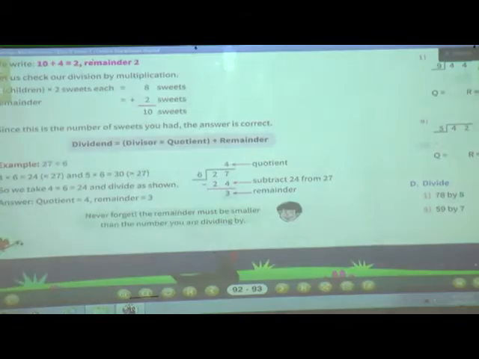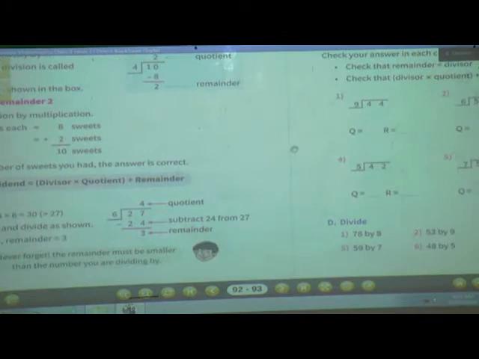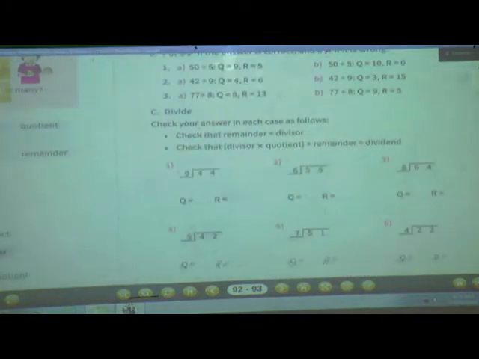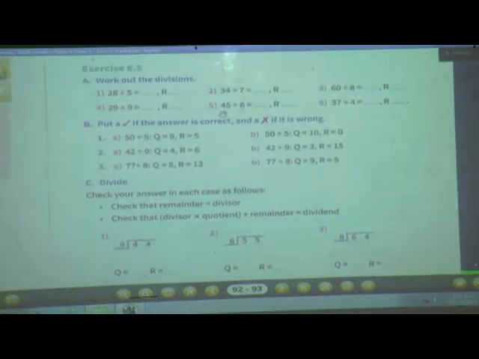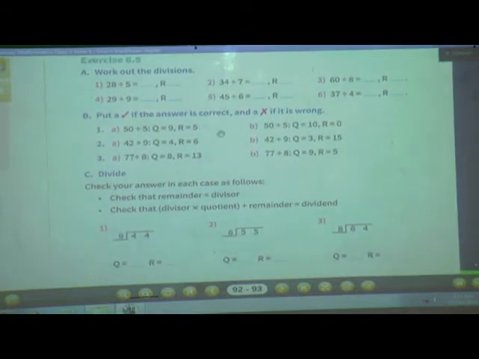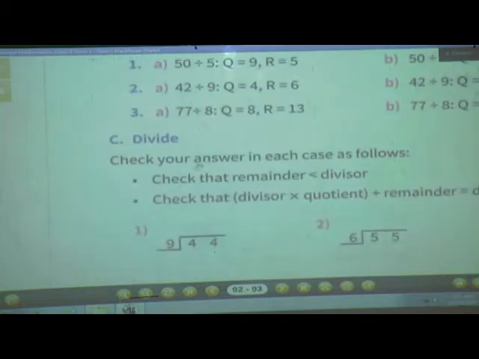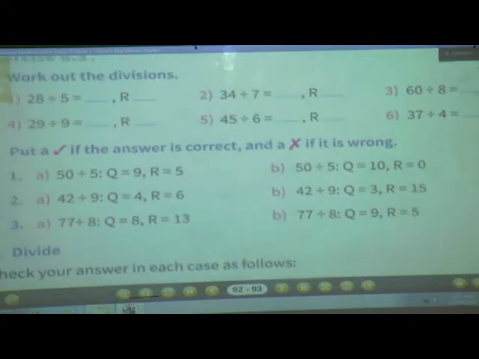Understood? Okay. Now let us solve the next exercise, that is exercise 6.5. Open your textbook. Along with me you have to solve all the sums in your textbook. Page number 93. Now see this.